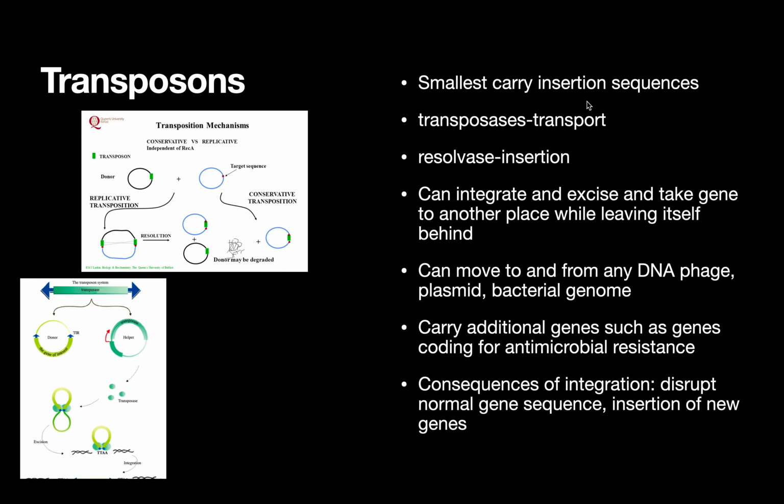That's why they allow the bacterial genome, the partial chromosomal DNA, to be transferred over using transposases, and then the resolvase is the last part of the puzzle, which inserts the partial chromosomal DNA into the bacteria's DNA. So, interestingly enough, all of these work together, so the bacteria can integrate and excise the genes and take the genes to another place while leaving itself behind.